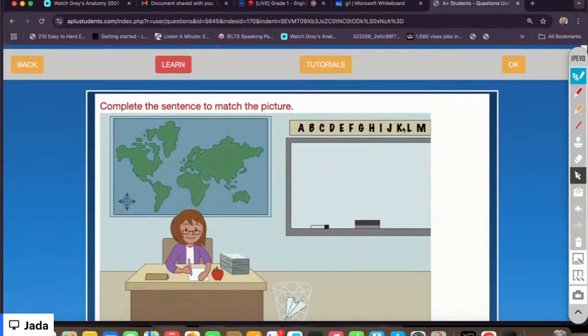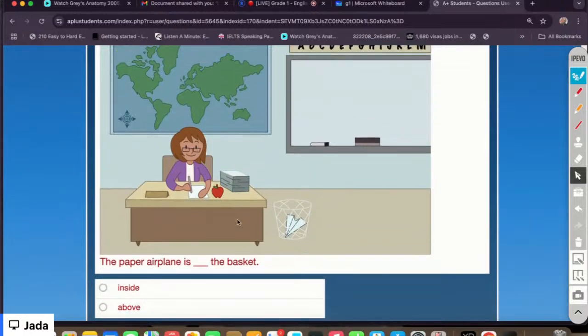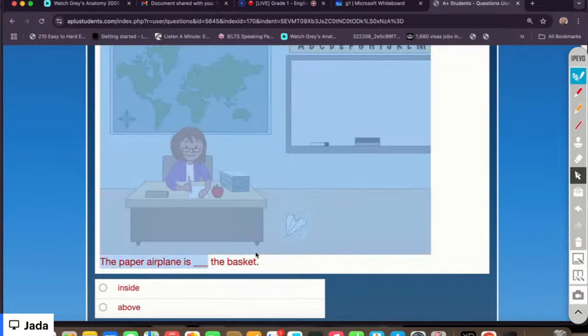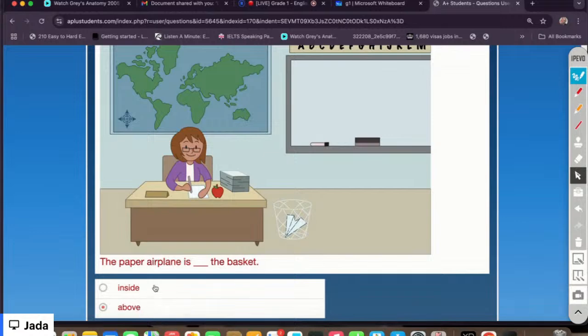So we have the next one, which is the paper airplane is dash the basket. The paper airplane is dash the basket. So inside or above? Inside or above? What do you think? Inside or above? So, what do you think is the right answer here?